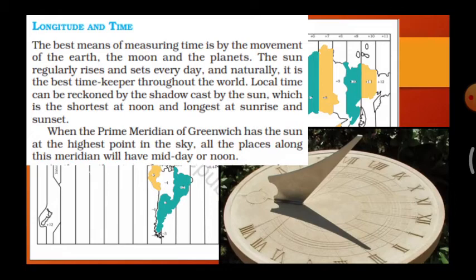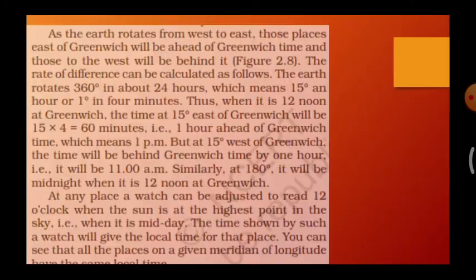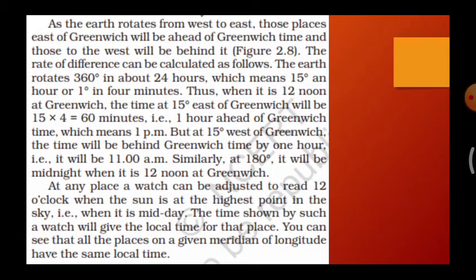So if the sun is directly on top of the head, it will be noon in all those places. So they can find out the time is 12. As the earth rotates from west to east, those places east of Greenwich will be ahead of Greenwich time and those to the west will be behind it.